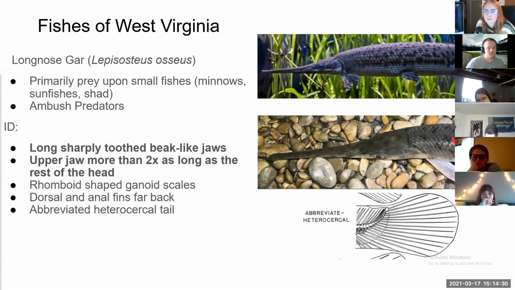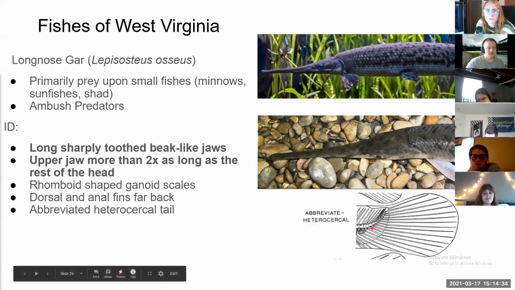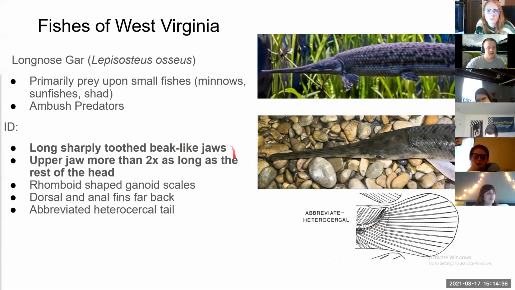And again, it has those rhomboid shaped scales and the abbreviated heterocercal tail. But these first two are generally what I would use. If you see this, it's probably a gar in this system, and if the jaw is two or more times longer than the rest of the head, it's a long-nosed gar.